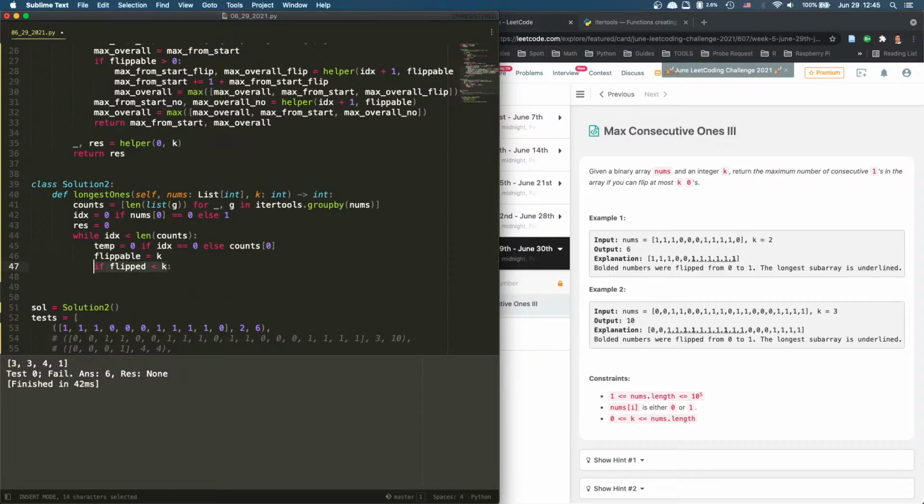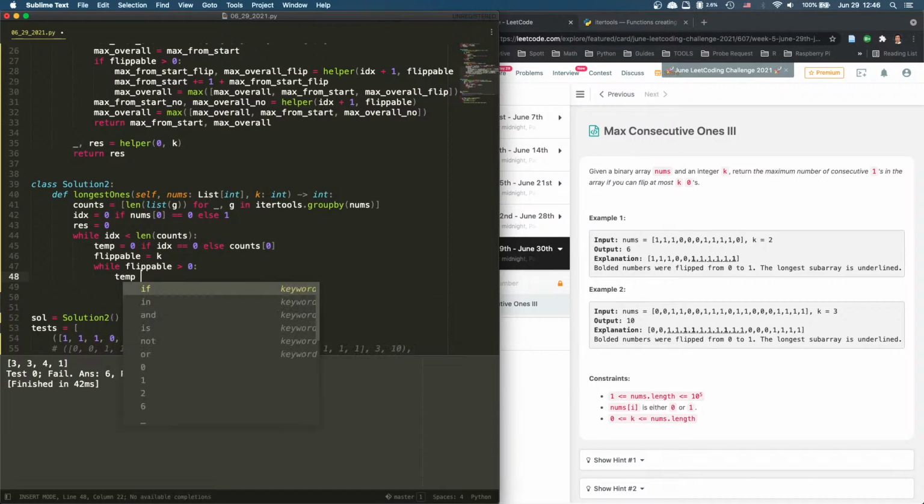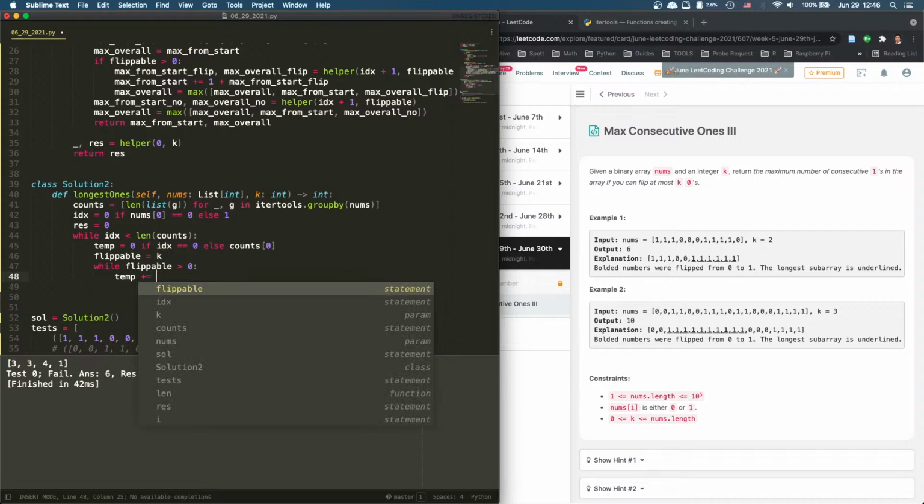And we say while flippable is larger than 0, what we're going to do is temp plus equal to the maximum I can flip.